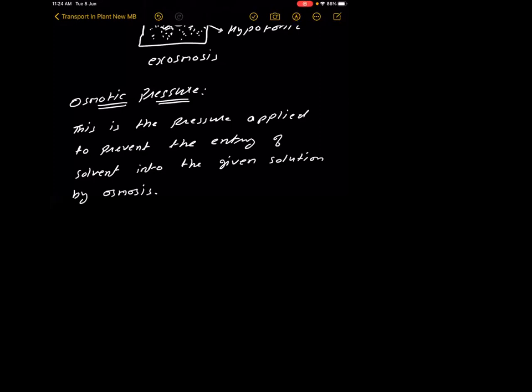So it is the pressure exerted by that solution to prevent, to inhibit, to check, to stop the entry of solvent molecules into the solution.